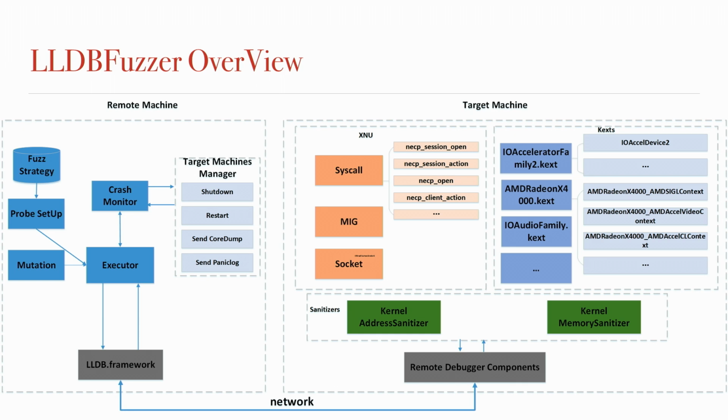We will introduce this key module, and how to implement this kind of remote debugger, in the later part. And you can see that the XNU and the kernel extensions are our fuzzing targets for debugging and fuzzing. Typically, this kind of kernel extension could include some buggy modules such as graphics-related, audio and video, or other related drivers.